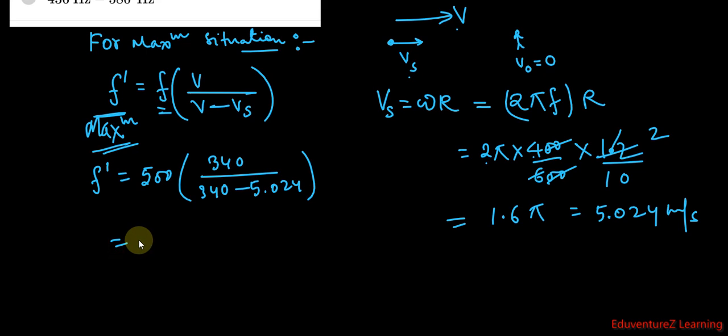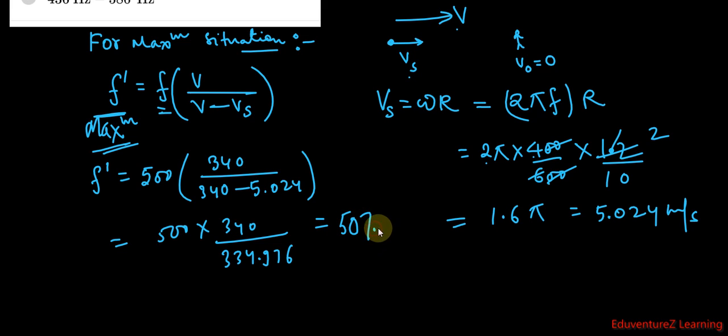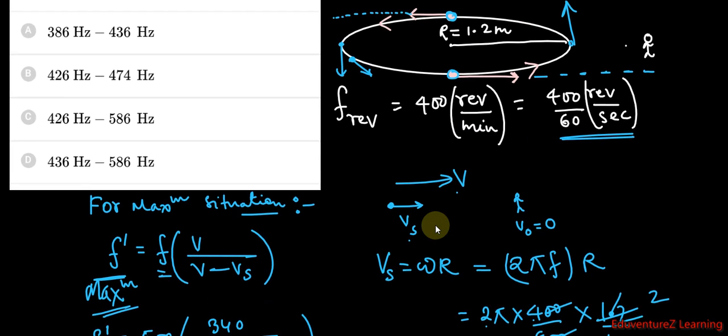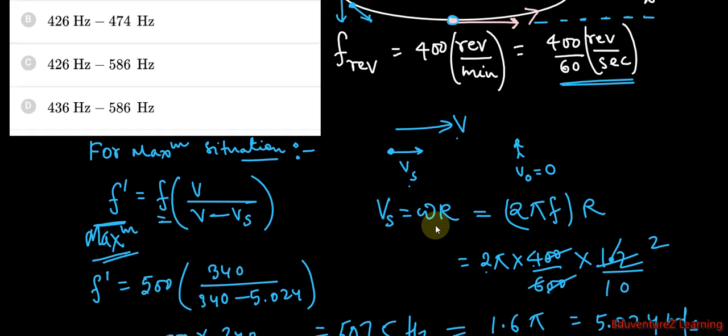So 500 into 340 divided by 334.976, and the final answer is 507.5 hertz. Okay, 507.5 hertz. I think we have made some calculation error.